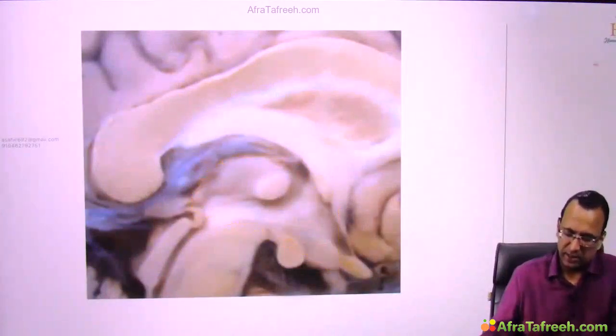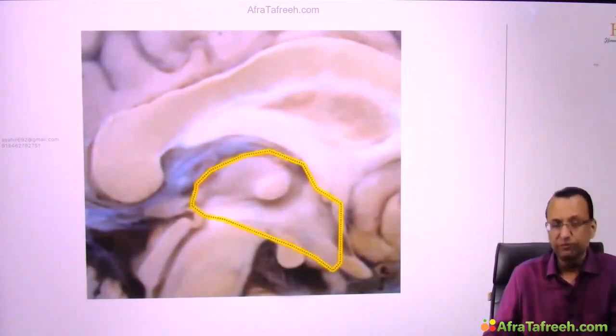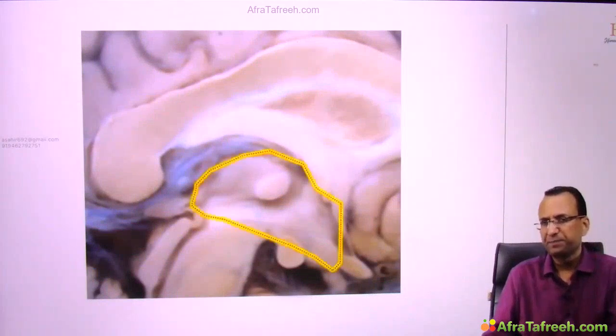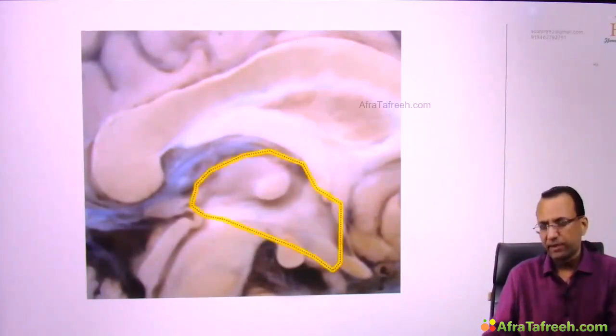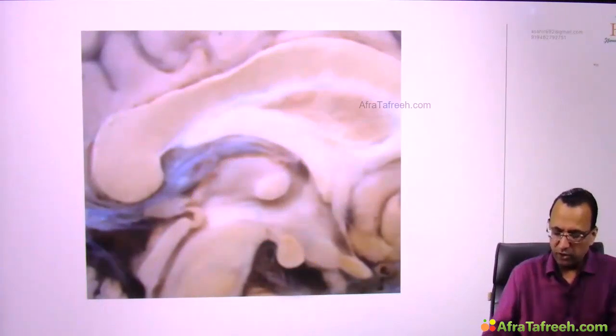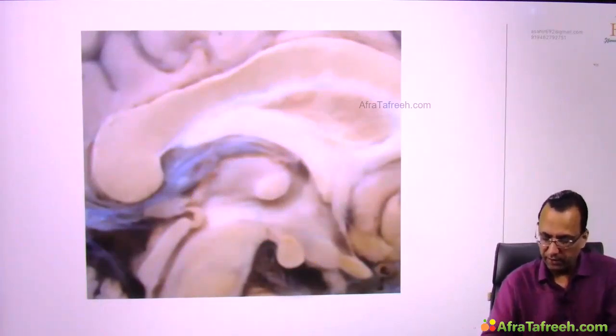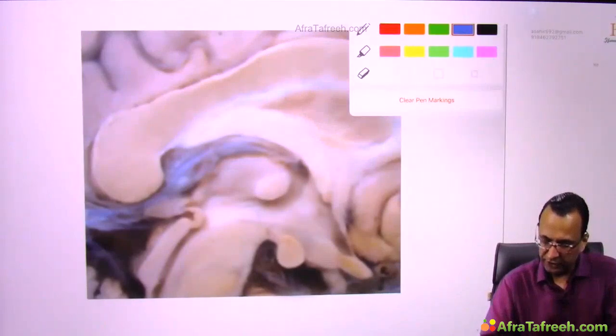As you do that, you understand that this is the third ventricle and it will have some structures which are in the lateral wall. What are the structures in the lateral wall of third ventricle? What is the extent of the third ventricle? Actually, if you are talking about the extent of the third ventricle, you have to understand it is starting here.